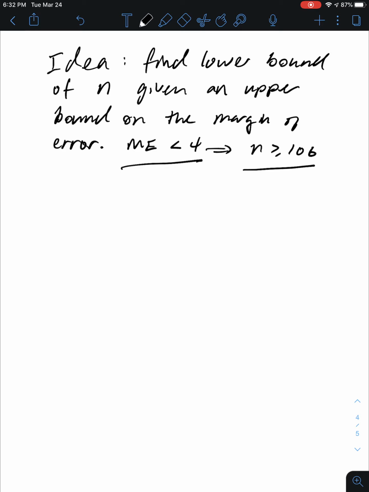Now, to express the process compactly, we're going to use some formulas, and in order to use formulas, we have to use a letter for this bound on the margin of error. It is usually represented by a number b. So here, b is equal to 4 in that previous question.